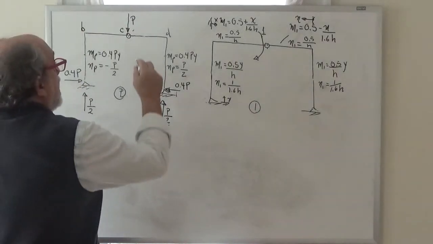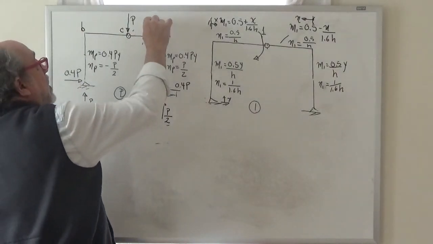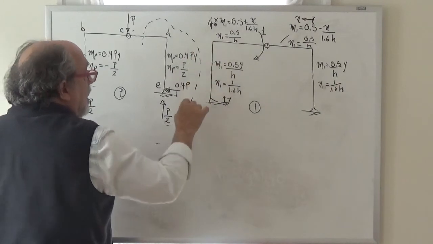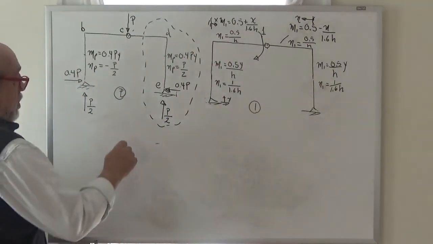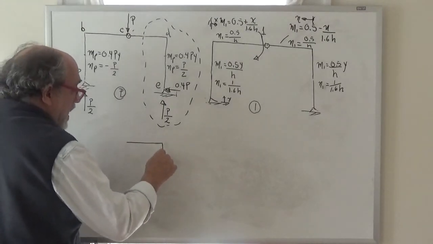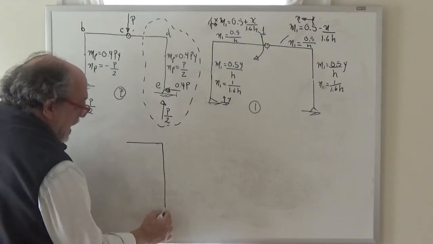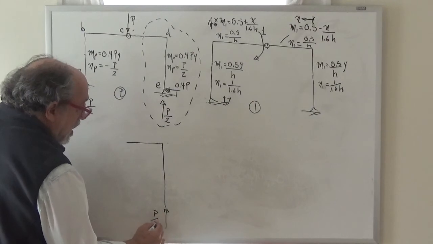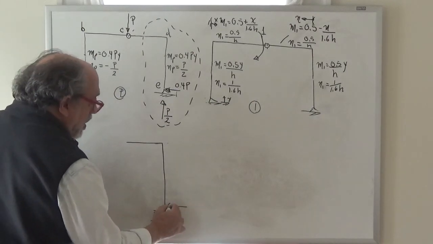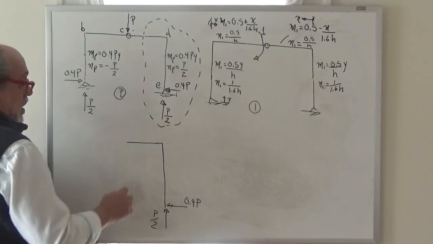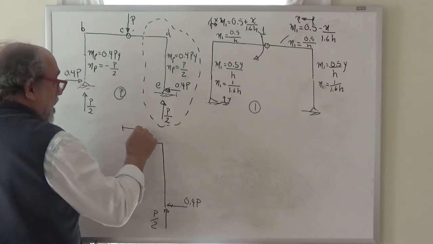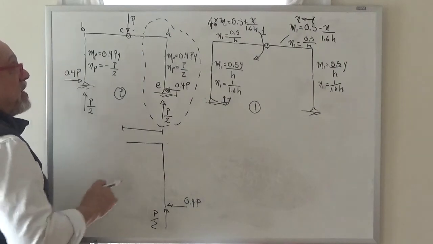So let's say I take this bubble. That bubble looks like this. It has a P over 2 here. It has a 0.4 P here. The distance from here to here has already been specified.